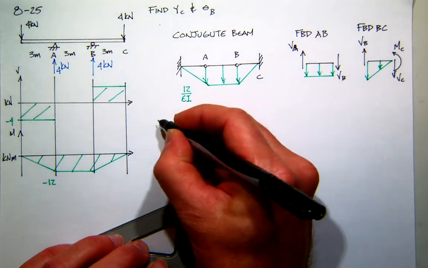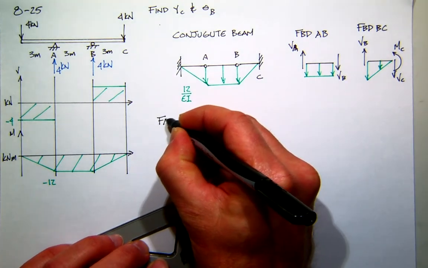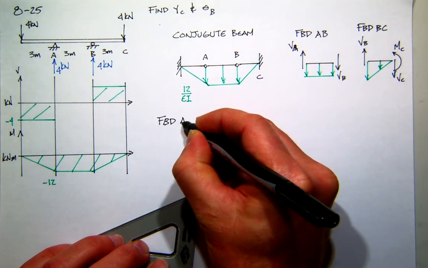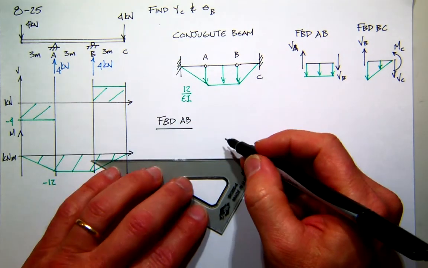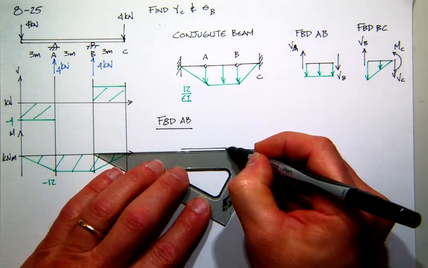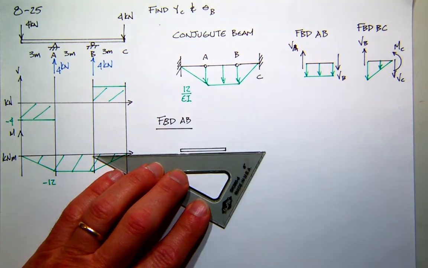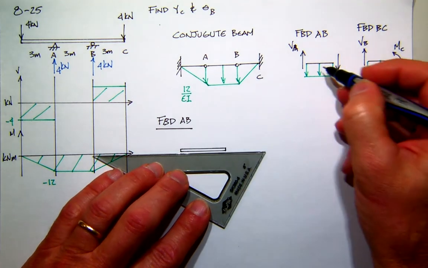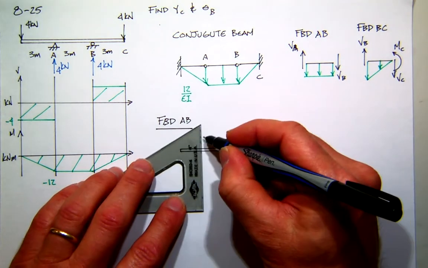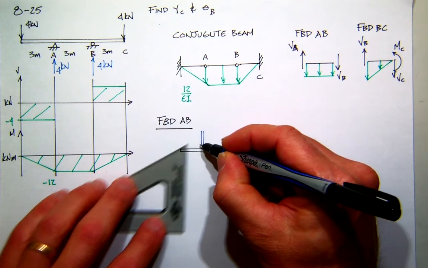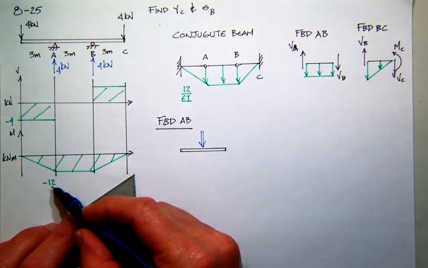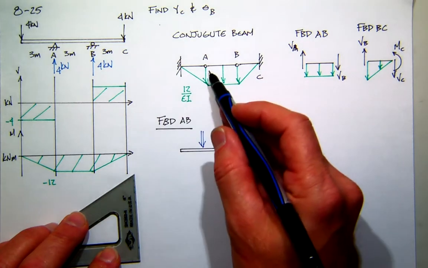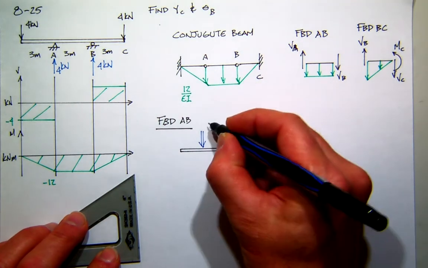So let's start with the free body diagram from A to B. I'll draw that in a little more detail. What's the concentrated equivalent for this? It'll be acting down, and it'll be the load, which is 12 over EI times 3, so it's 36, right?